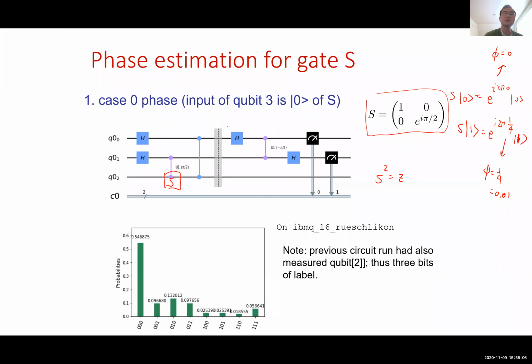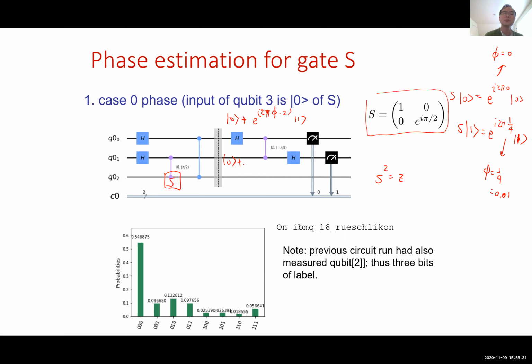So in some sense, this is encoding a phase of e to the 2 pi i phi times 2.